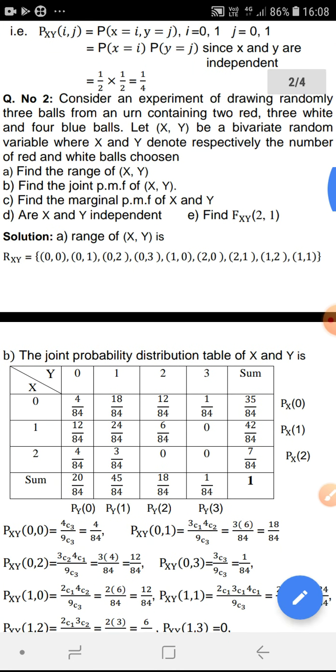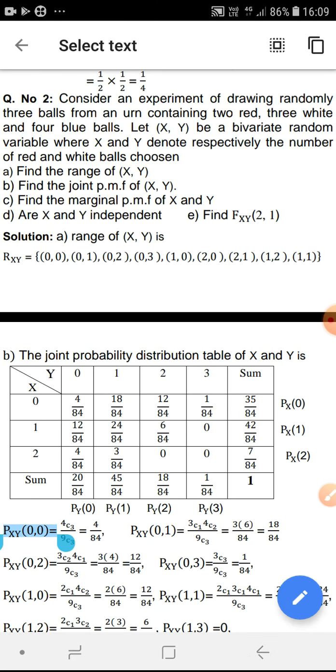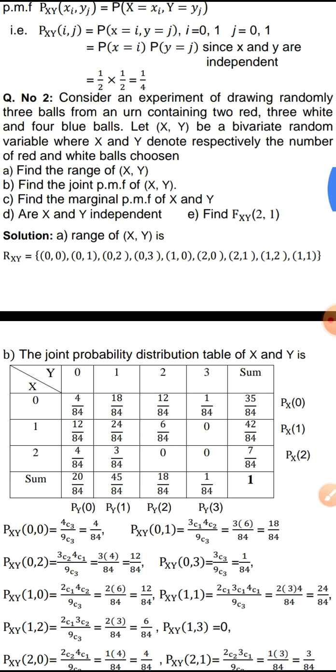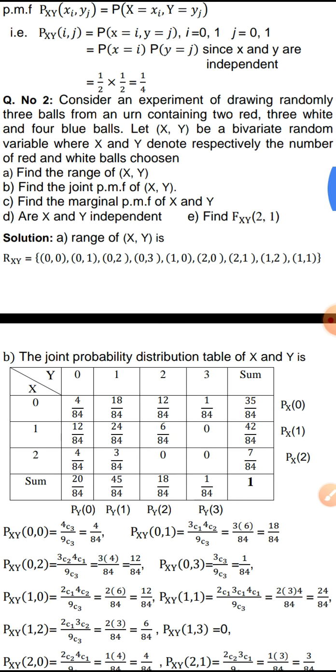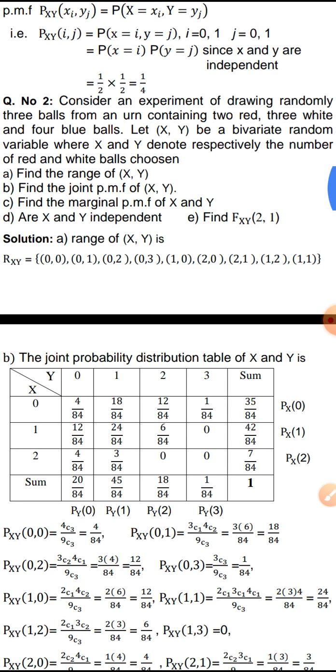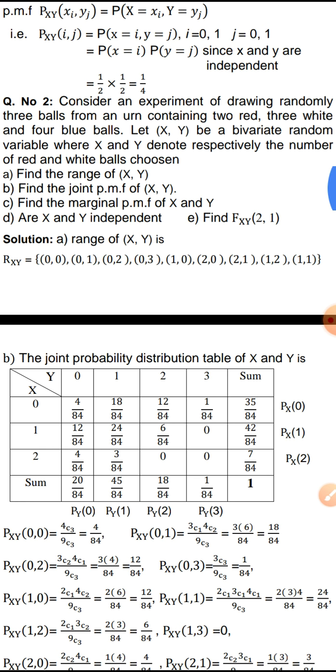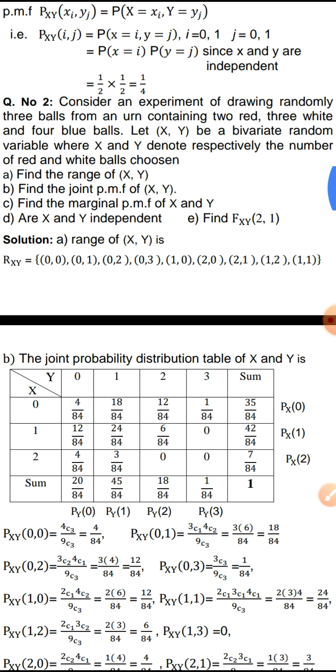Now the second question. Consider an experiment of drawing randomly 3 balls from an urn containing 2 red, 3 white and 4 blue balls. Let x comma y be a bivariate random variable where x and y denote respectively the number of red and white balls chosen.